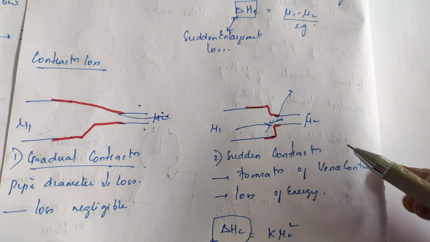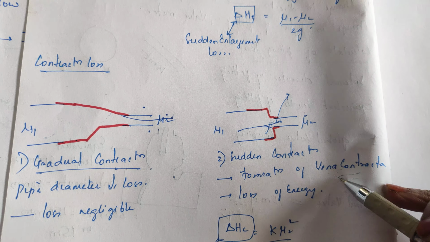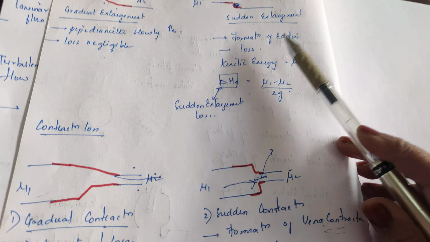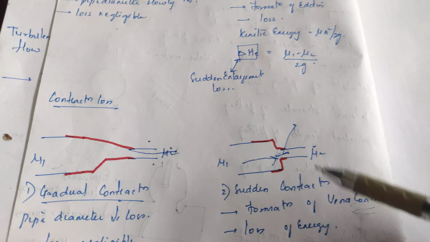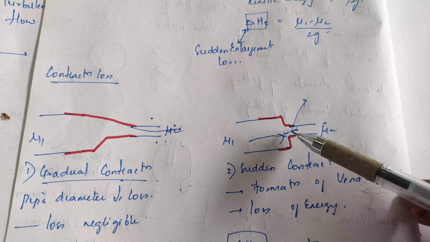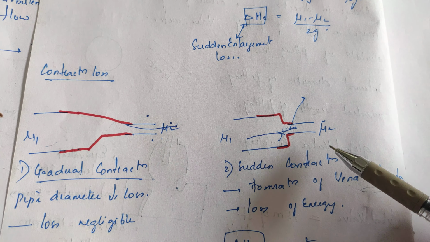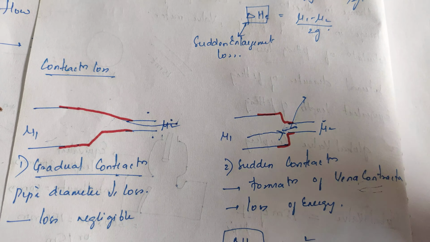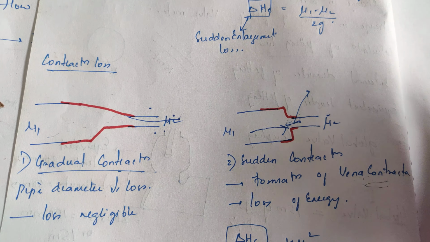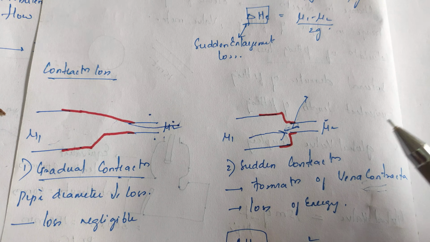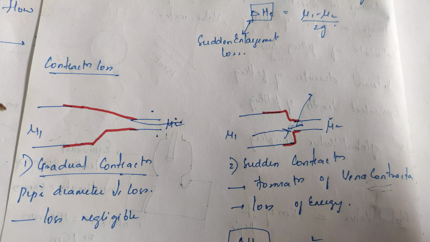Here you see the formation of eddy, and here you see the formation of vena contracta, and obviously there will be a loss of energy and loss of velocity. Not loss of pressure, but loss of energy you can see here.